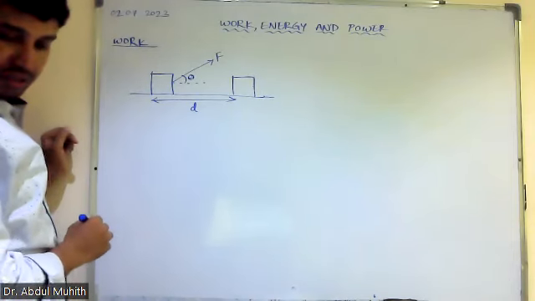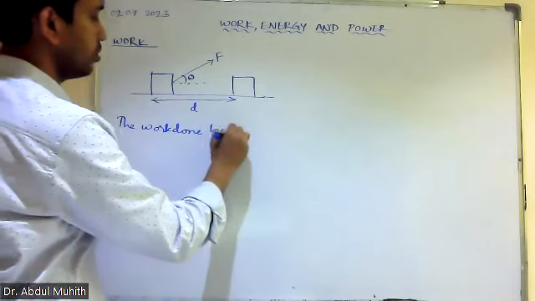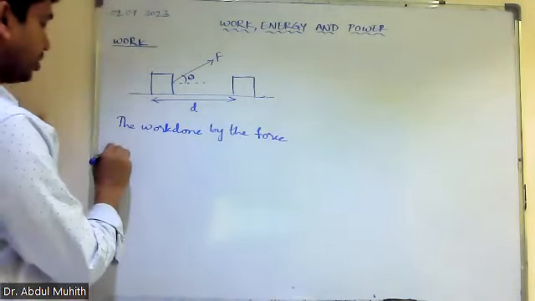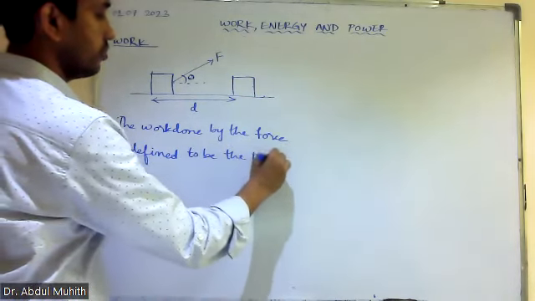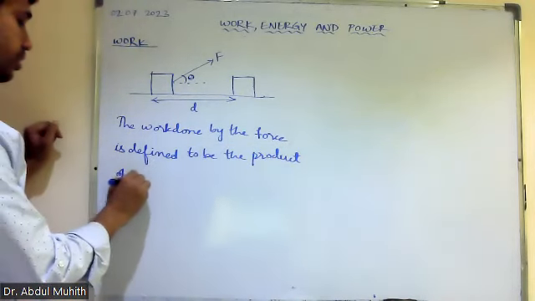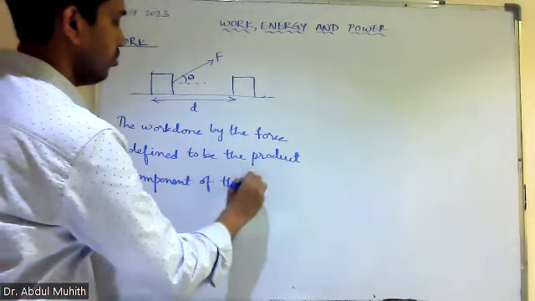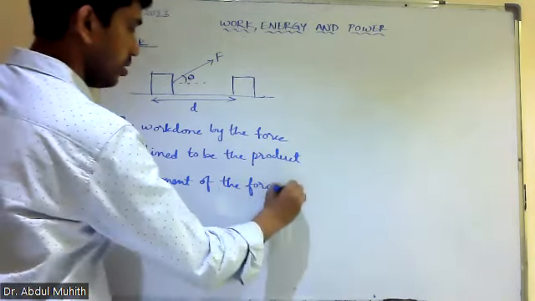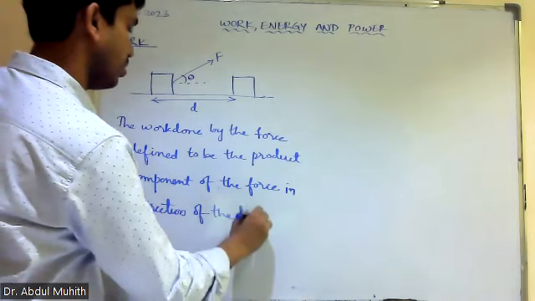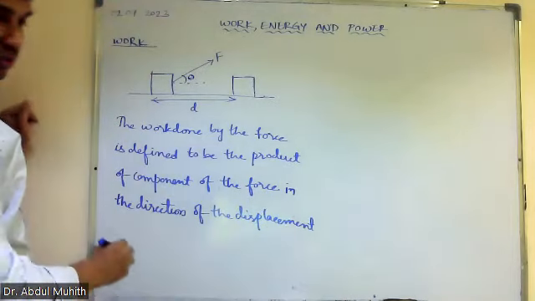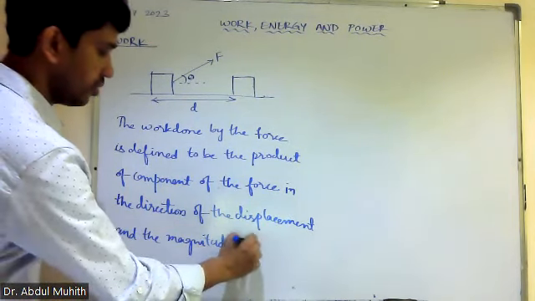Okay, so how do we define that? The work done by the force is defined to be the product of the component of the force in the direction of the displacement and the magnitude of the displacement.